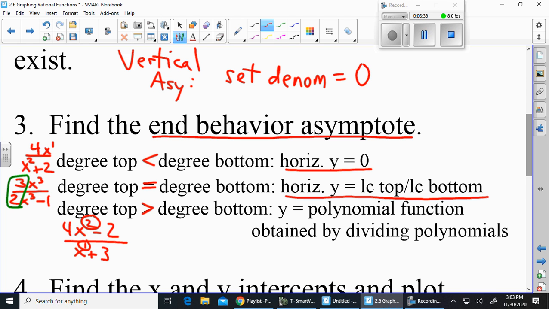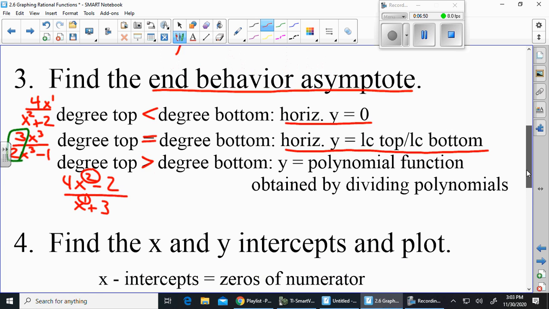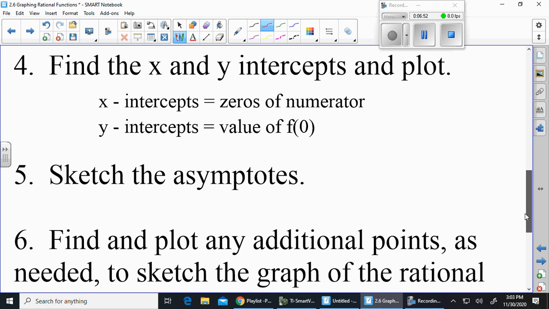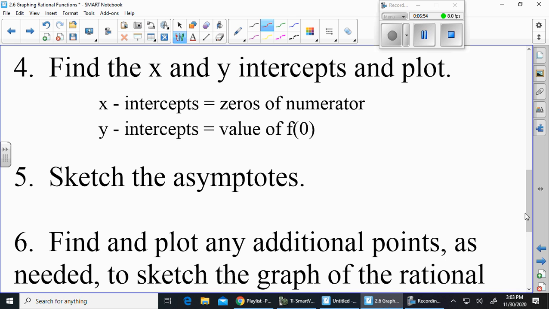End behavior asymptote: I look at the degrees. They could be horizontal or it could be a polynomial. Next thing, find the x and y intercepts.